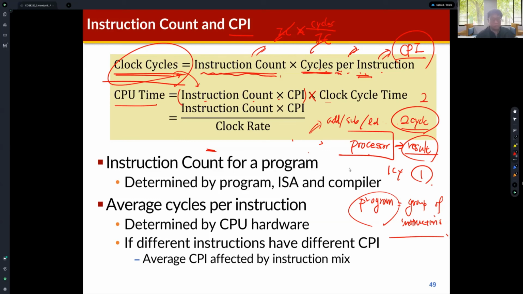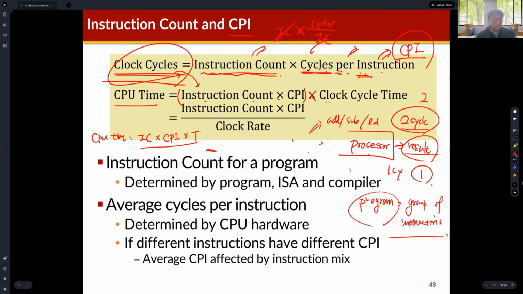So this is the equation for performance on a certain CPU processor. We can rewrite CPU time: CPU time is instruction count, so I frequently use IC multiplied by CPI multiplied by T. T means the clock cycle time, that's the clock period.